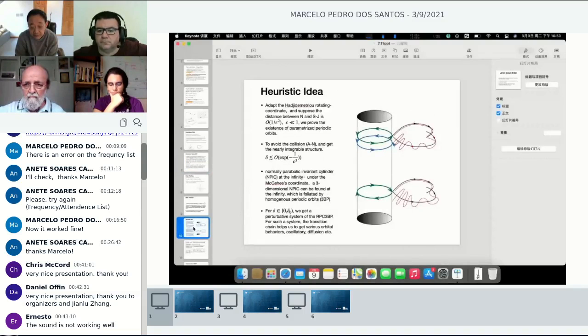So basically, we can get a Poincaré map, which sends any point from this cylinder to itself. So under a certain Poincaré map, all the points on the cylinder become a fixed point. That's why we consider this case. Because for a fixed point, the lemma is still applied, the two-dimensional version.